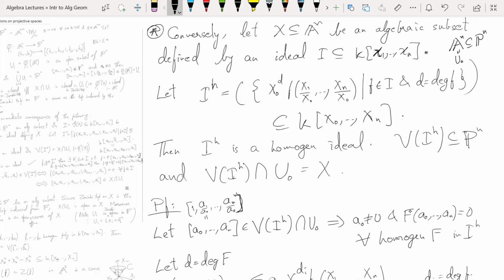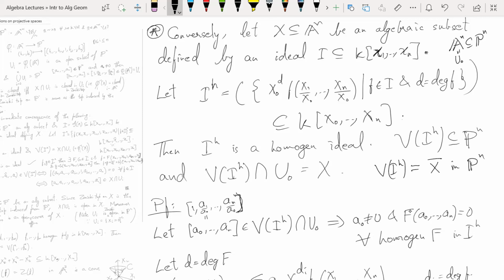So then, of course, I^H is a homogeneous ideal, and V(I^H) is going to be some algebraic subset of Pn. And if you intersect it with U0, you will recover X. So V(I^H) is equal to the closure of X in Pn.